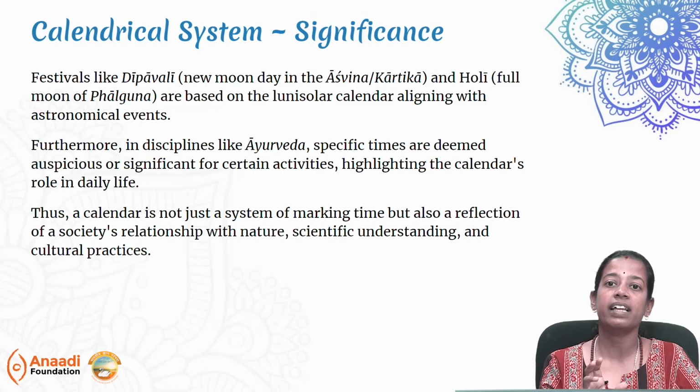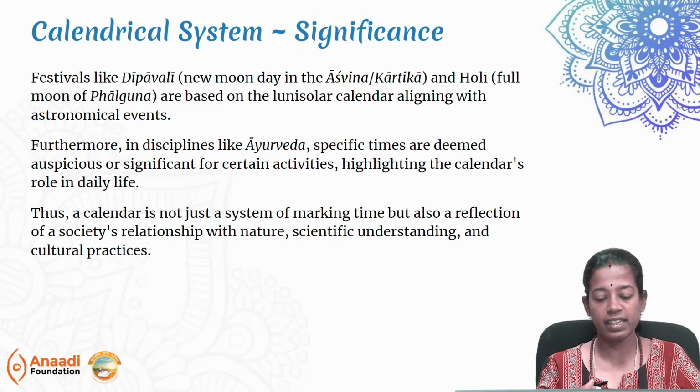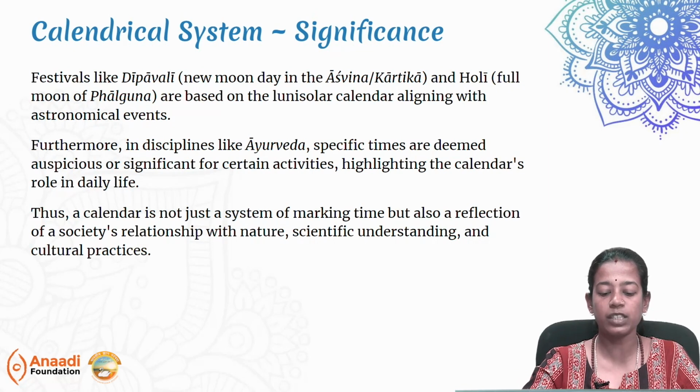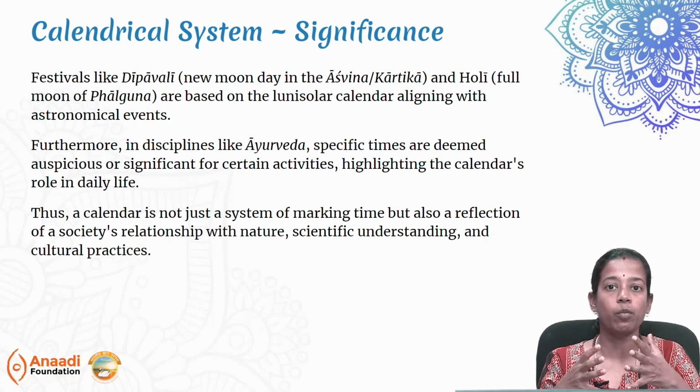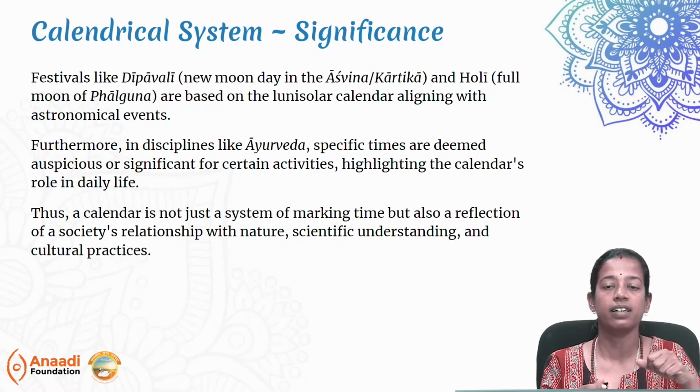The Indian calendrical system operates very closely with astronomical events, whereas the Gregorian or Western calendrical system is more of an arithmetic calendar. The Indian calendrical systems are all based on the lunisolar calendar, aligning with astronomical events. That is why they do not come on the same date as in the Gregorian calendar.